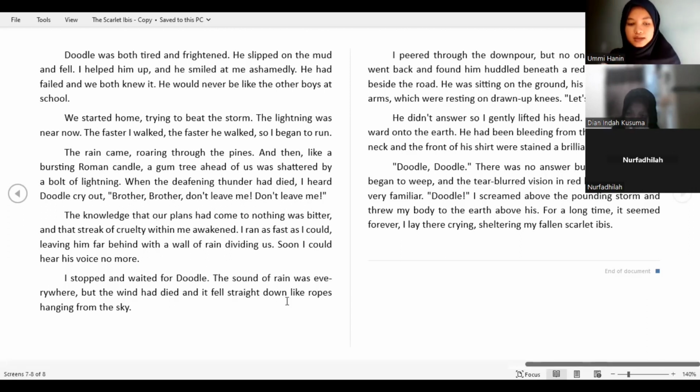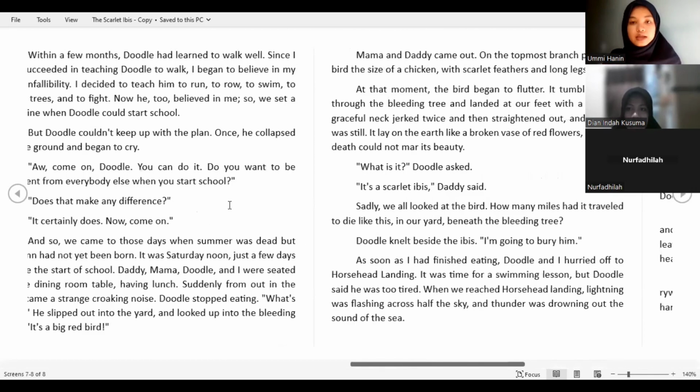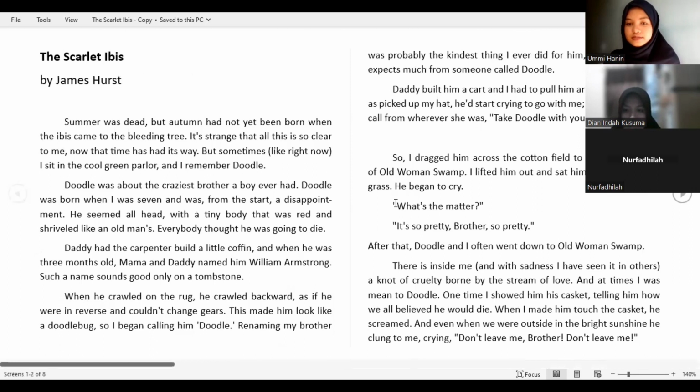Okay. Who's going to identify the characteristics of this text? Dila? How about you? Yes, ma'am. For the characteristics, the first one is adjectives. I found in the second paragraph, ma'am, red and threefold. Okay.